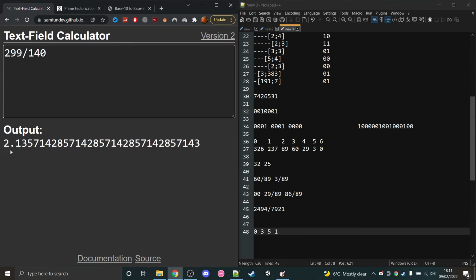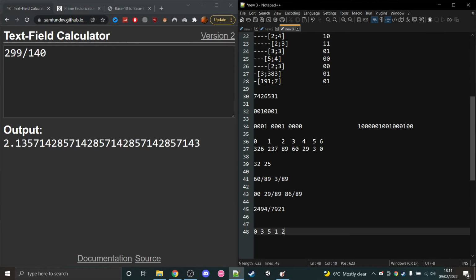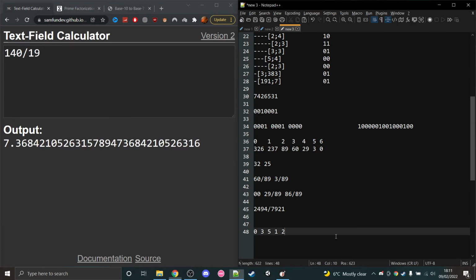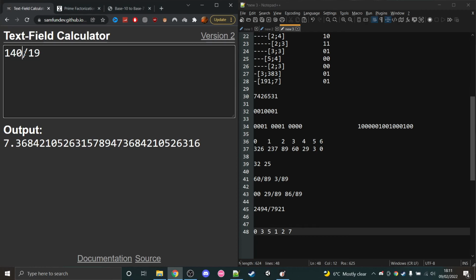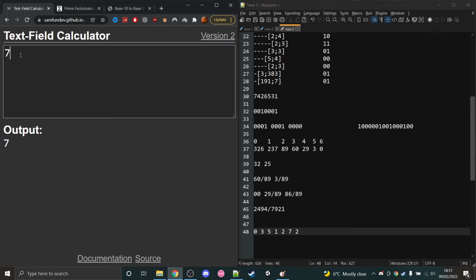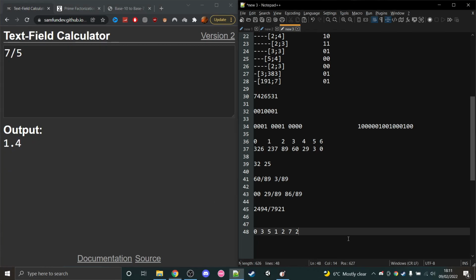299 divided by 140 is 2. 299 modulo 140 is 19. 140 divided by 19 is 7. 140 modulo 19 is 7. 19 divided by 7 is 2. 19 modulo 7 is 5. 7 divided by 5 is 1.